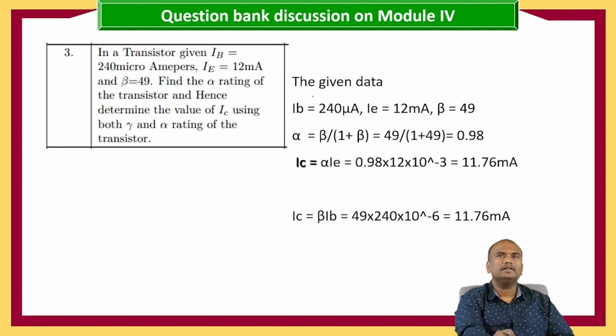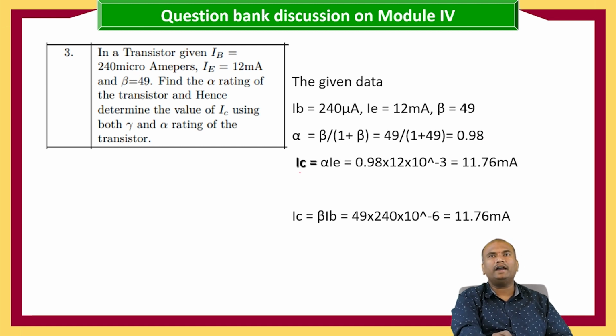So here the given data is base current 240 microamperes, emitter current 12 milliamperes, and beta equal to 49. When we know beta, alpha is equal to beta by 1 plus beta, which is 49 divided by 1 plus 49, which is 0.98.